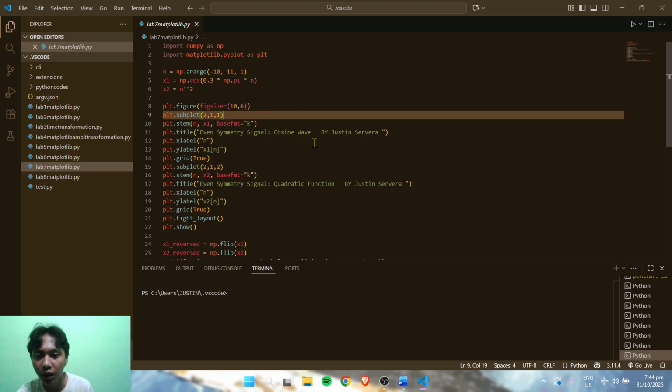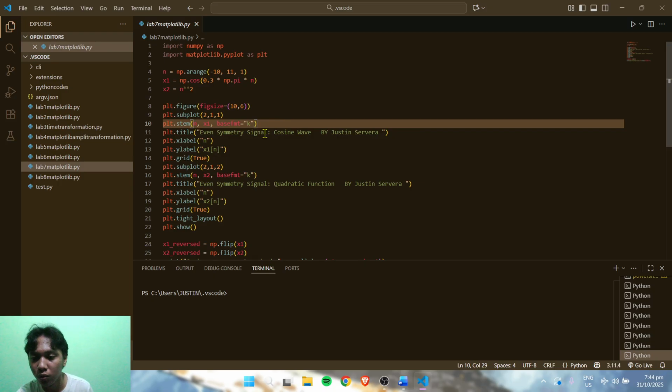For plotting the signals, to plot the even symmetry signal of the cosine wave, we use subplot 1, and this is to draw the discrete time signals.